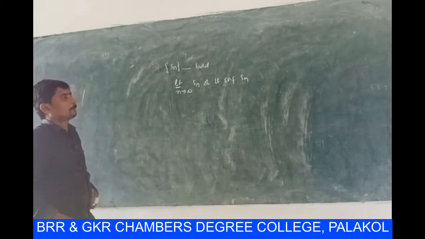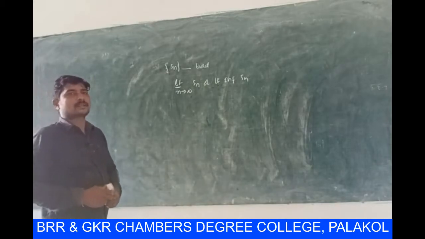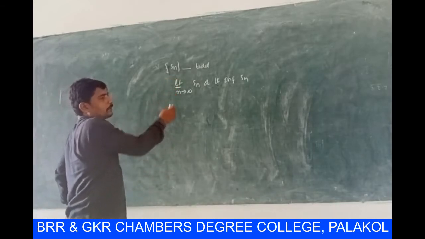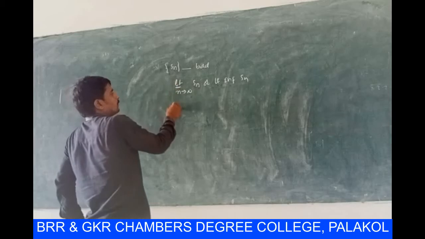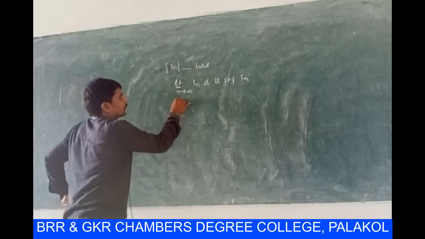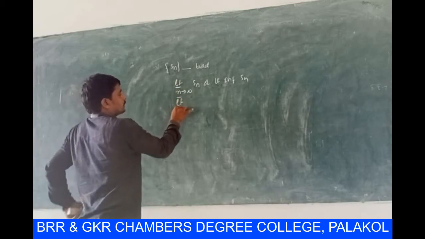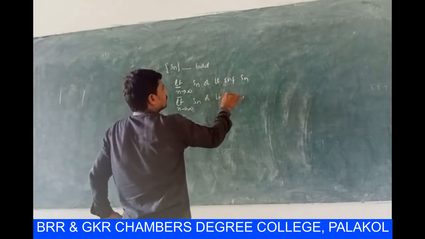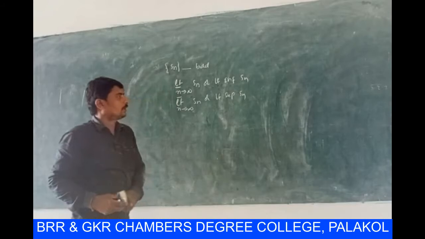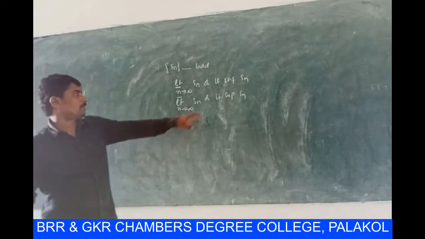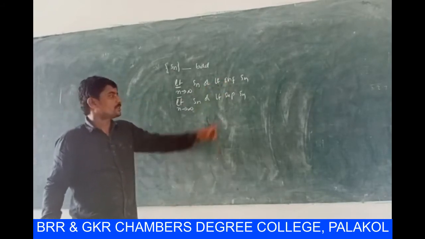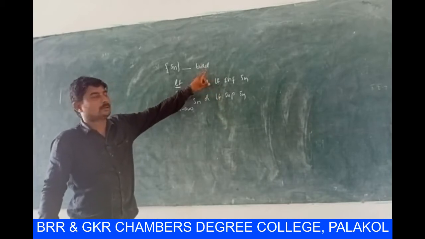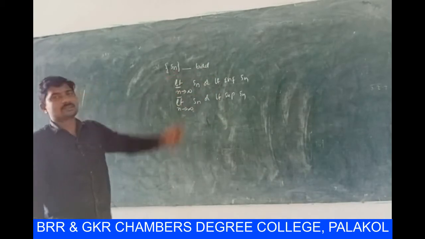In the same way, the greatest value of the sequence Sn is said to be the limit supremum, that is, the upper bound, and it is denoted by lim sup of Sn. This is the upper bound of the bounded sequence, and limit infimum is the lower bound of the bounded sequence Sn.